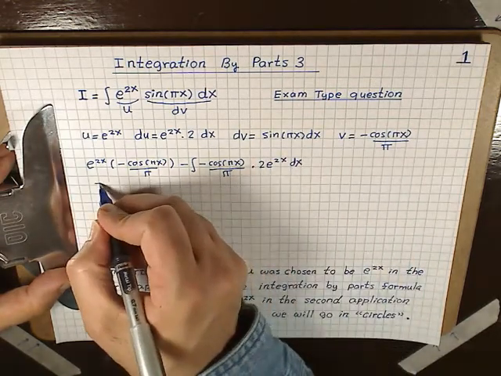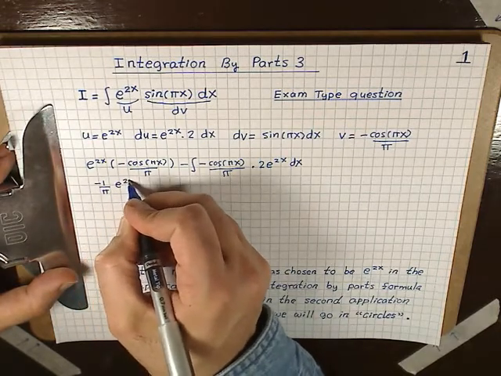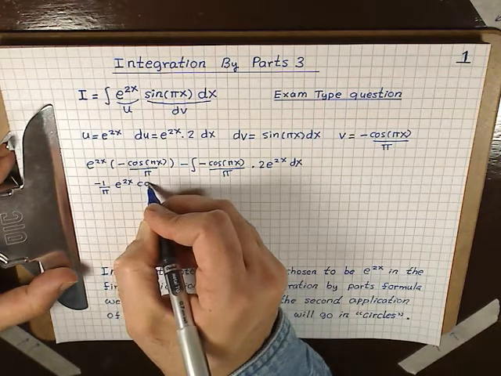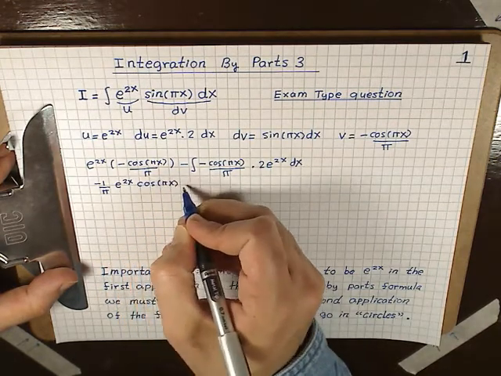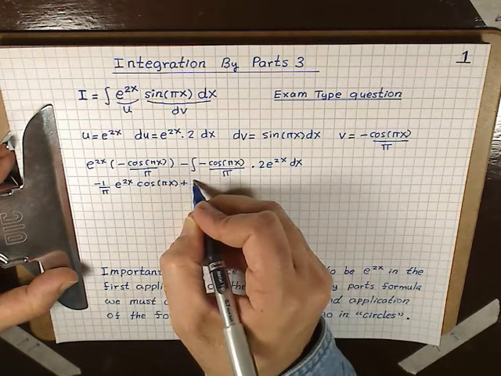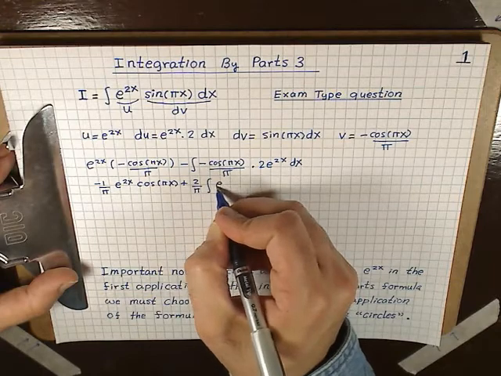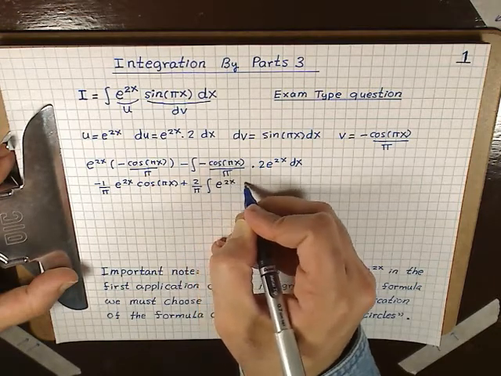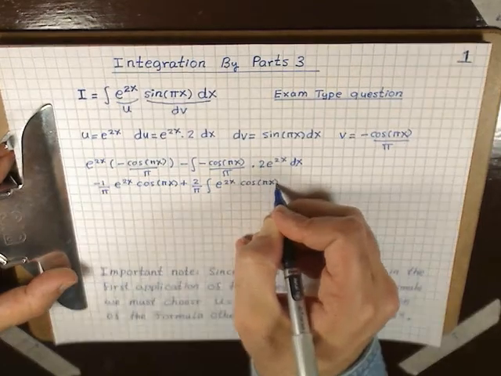So we get negative 1 over pi e to the 2x cos of pi x plus 2 over pi times the integral of e to the 2x cosine pi x dx.